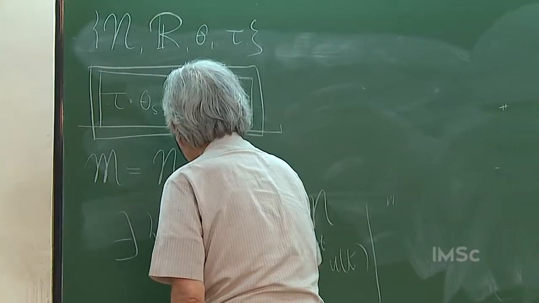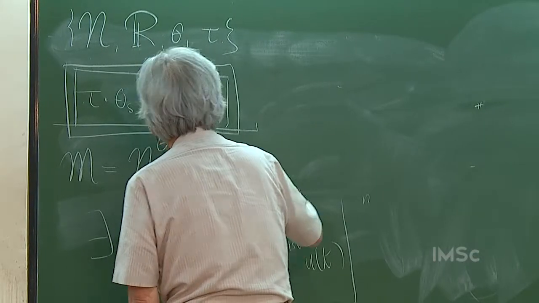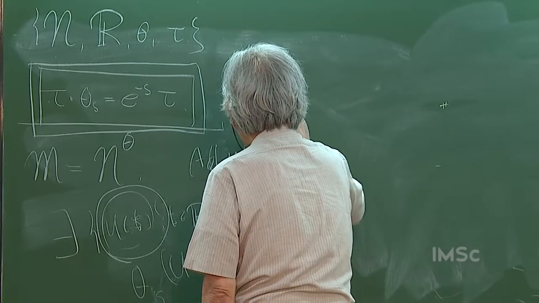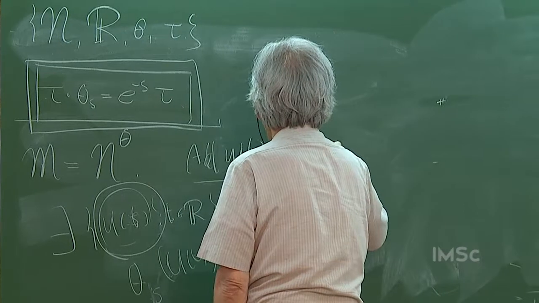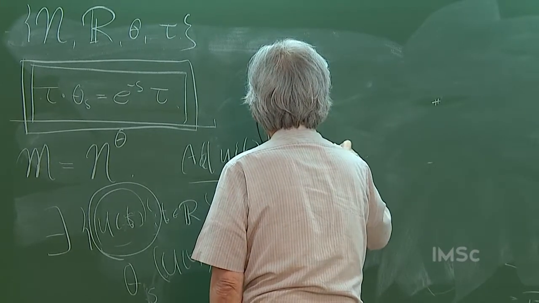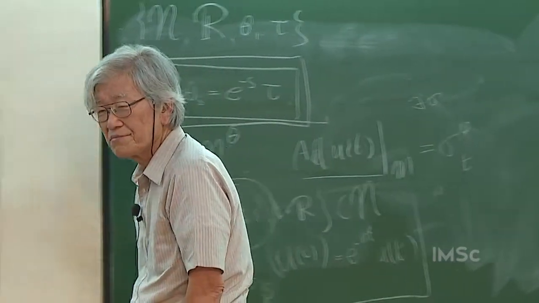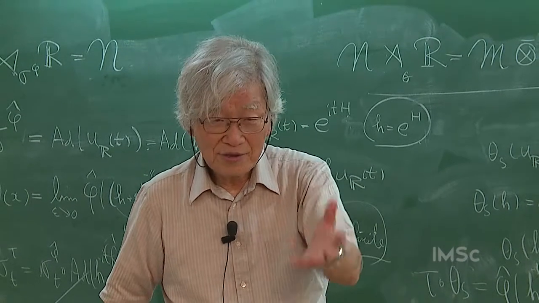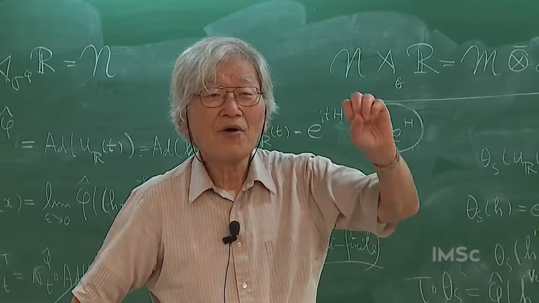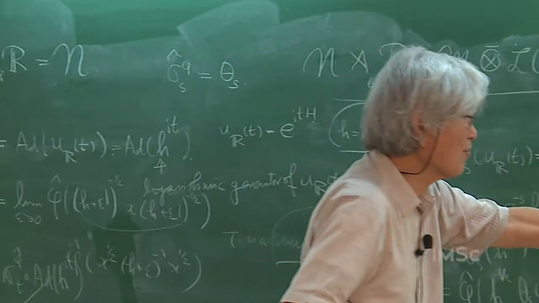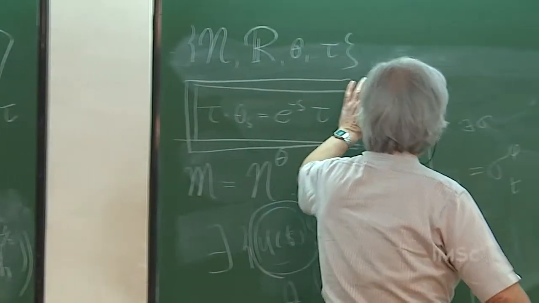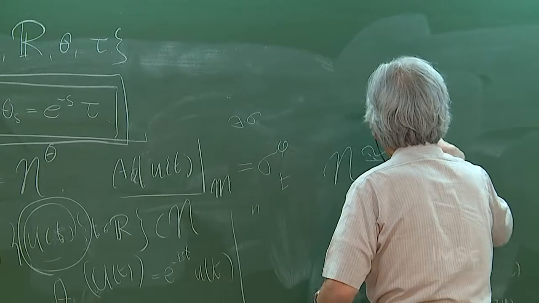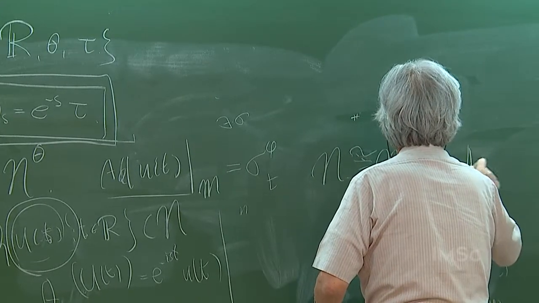This u_t, by no means unique, but there is phi such that the fixed point becomes a modular automorphism on the fixed point, and the original algebra becomes isomorphic to that.